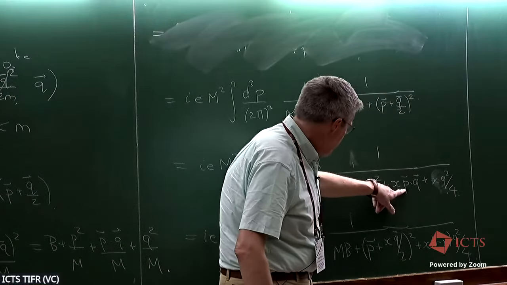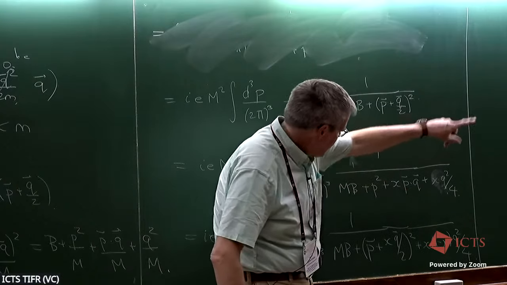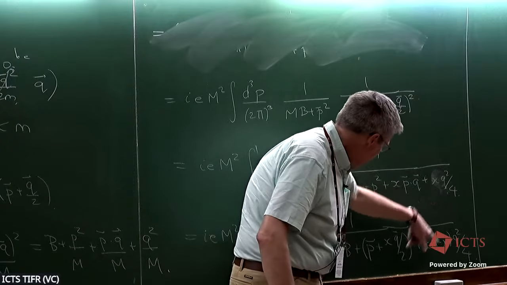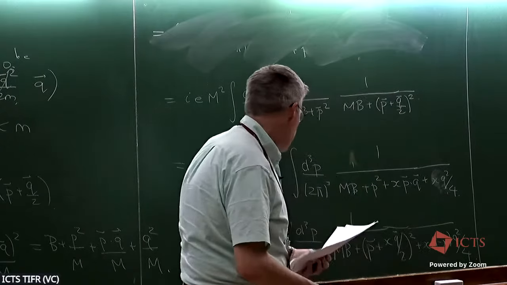But when I do that, I have to pay the price of subtracting an x squared q squared over 4. But then I can combine that with this other q squared over 4 to give me this term here.